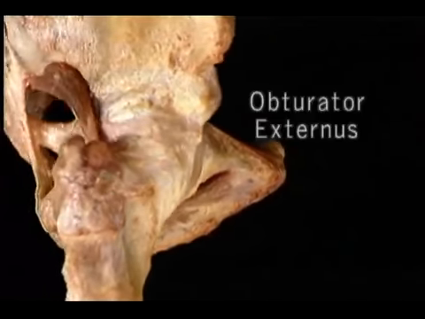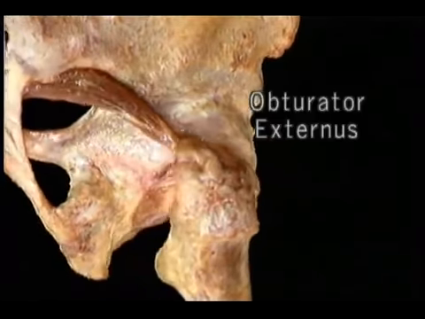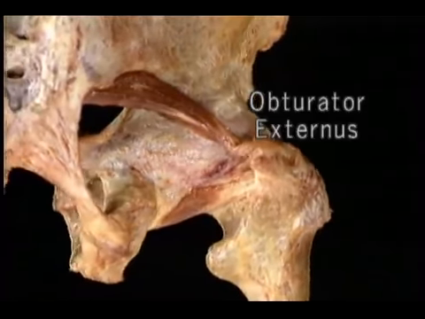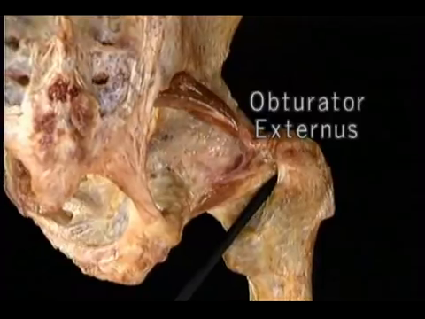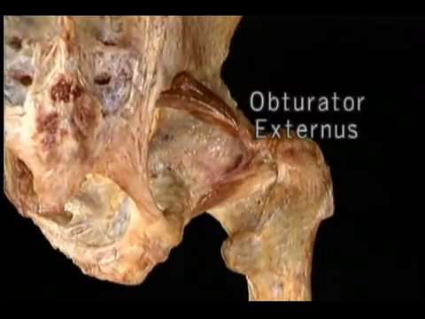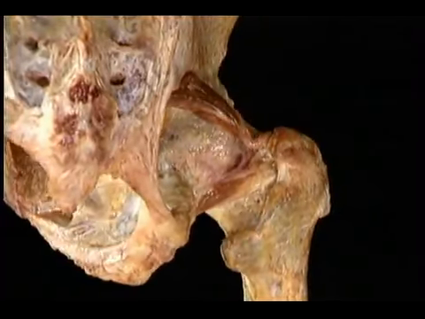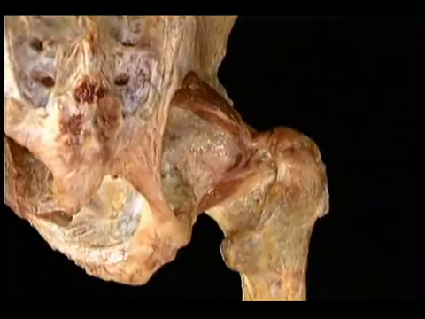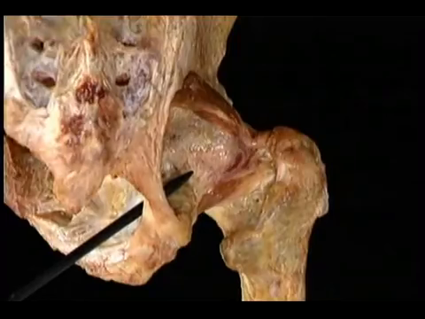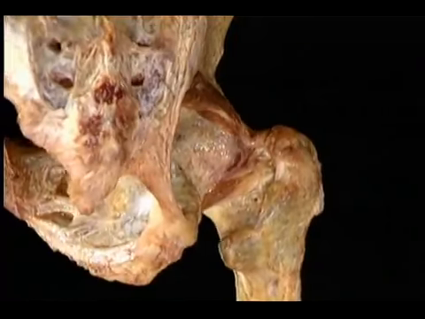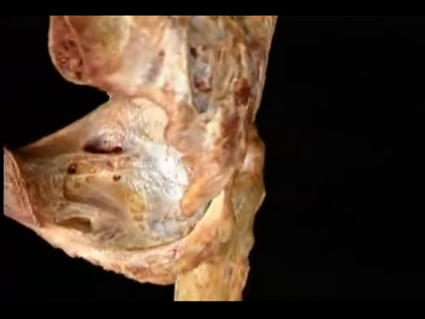Obturator externus passes backward just beneath the neck of the femur. Here's its tendon, passing laterally to reach its insertion here, below piriformis. Next we'll see obturator internus, which comes around the back of the ischium here from inside the pelvis. We'll go around this way to see where it arises.